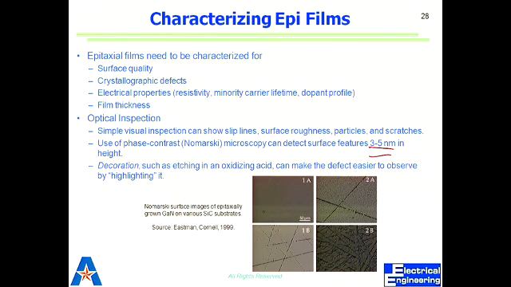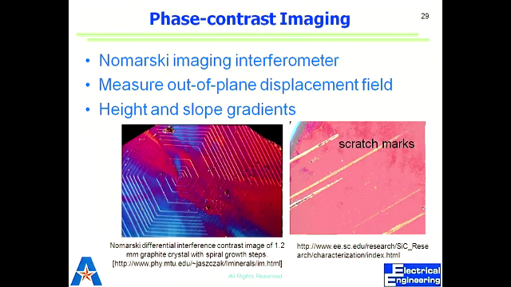We can simply see defects, scratches, and dots and crawlers in the film, and we can see the defect density, and we can see down to a 3.5 nanometer change in height. This is called phase contrast imaging or Nomarski imaging.